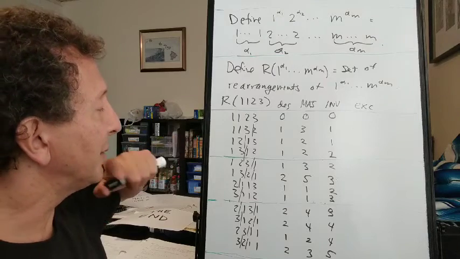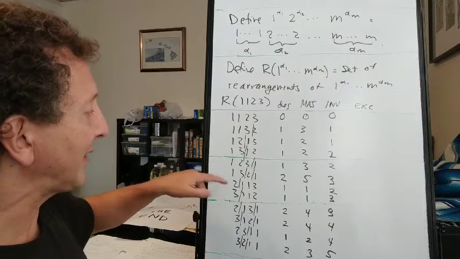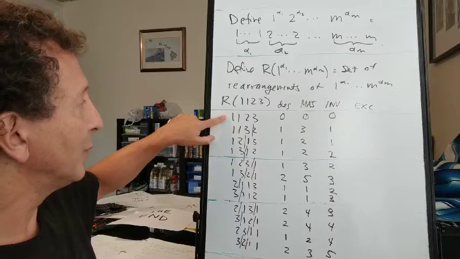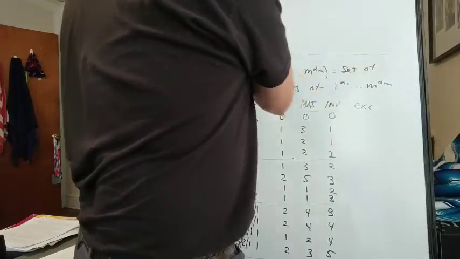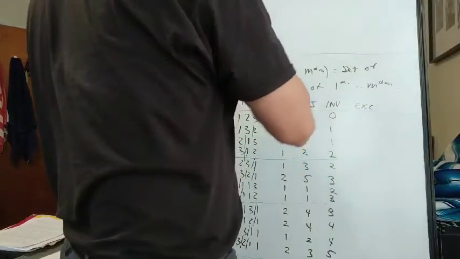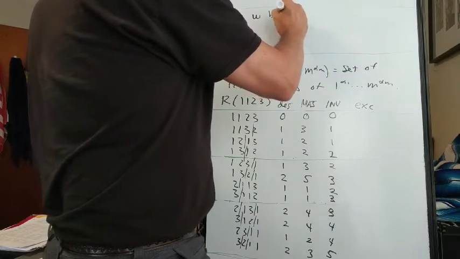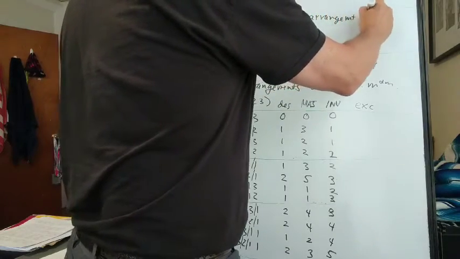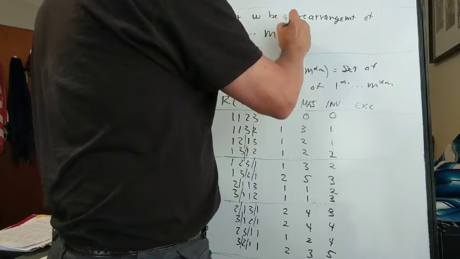So to compute exceedances, we're going to count every time that the ith letter is bigger than the ith letter in this weakly increasing word. So let's let W be a rearrangement of 1 to the alpha 1, etc., m to the alpha m.